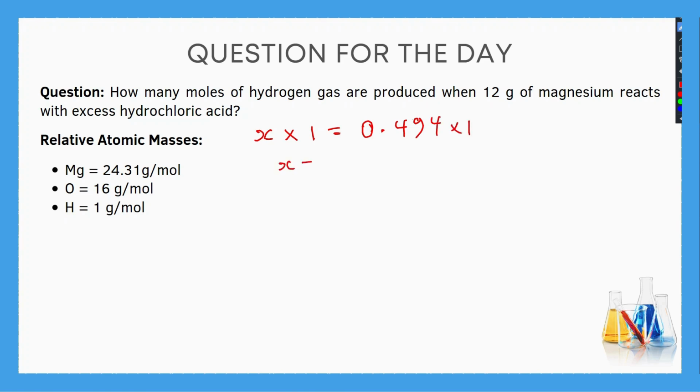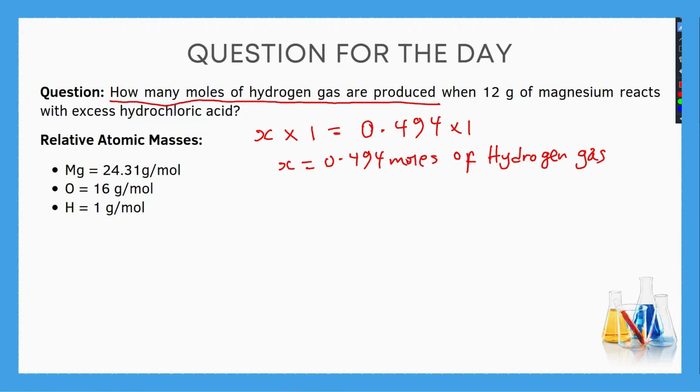So x is equal to 0.494 moles of hydrogen gas. And the question says, how many moles of hydrogen gas are produced when 12 grams of magnesium reacts with excess hydrochloric acid? We've just gotten our answer right here: 0.494 moles of hydrogen gas is produced.